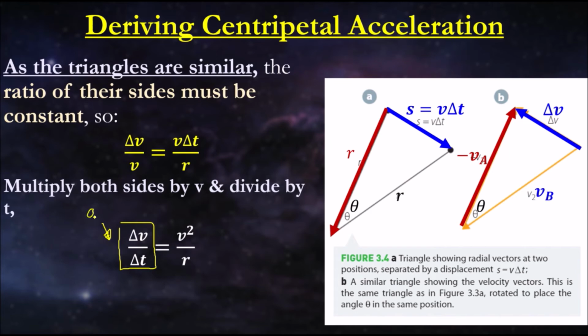This is acceleration. So this formula here, V squared over R, represents the centripetal acceleration we've been looking for. Okay? So that's how you do this derivation. This is the equation you're looking into.